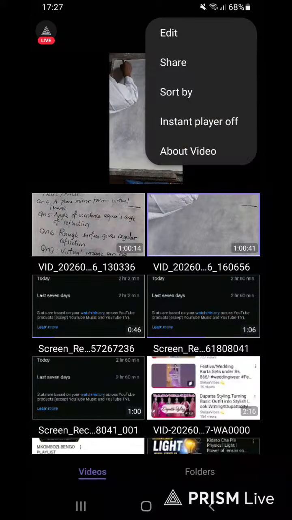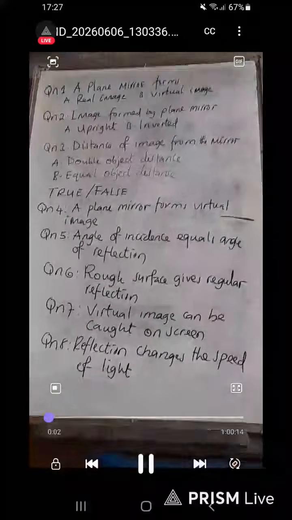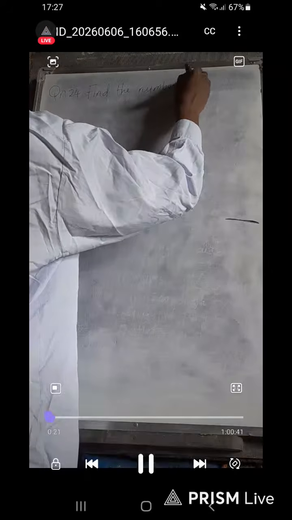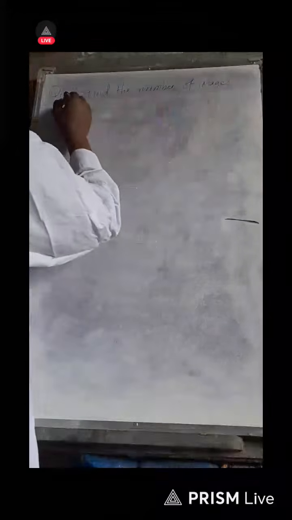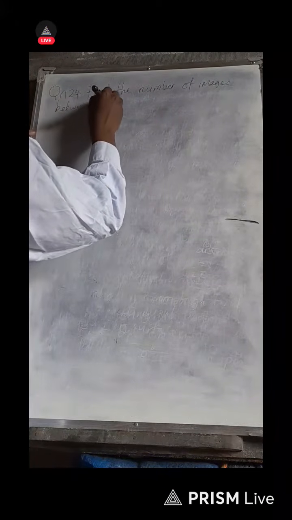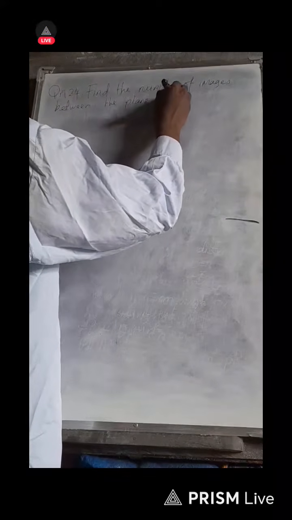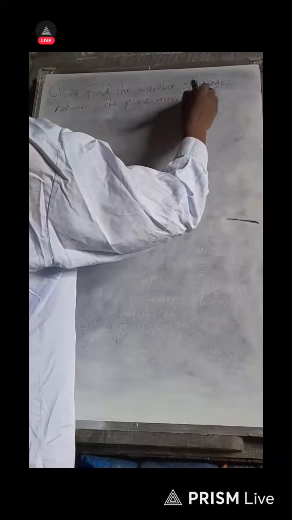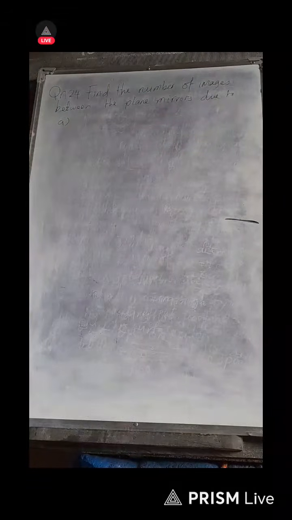So let's go for the next question: find the number of images formed between the plane mirrors due to the following angles.